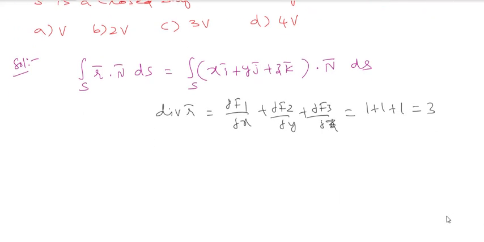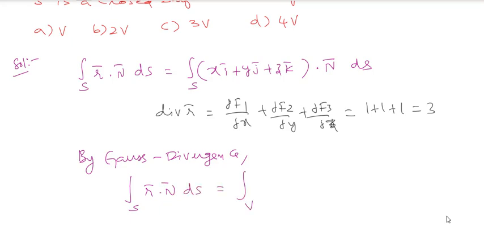And by the Gauss divergence theorem, the surface integral of r bar dot n bar ds is equal to the volume integral of the divergence of r bar dv.